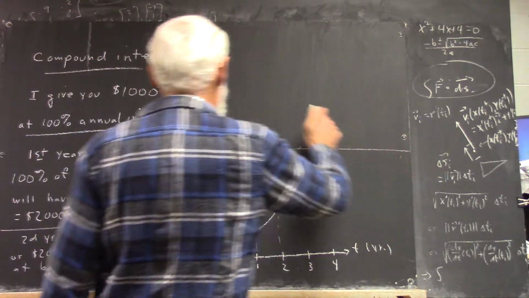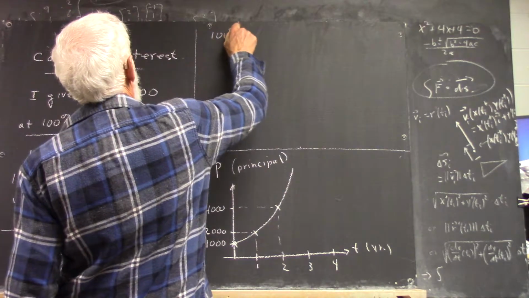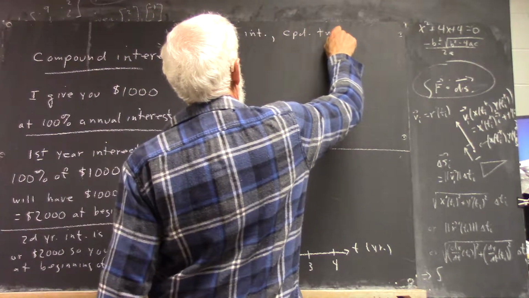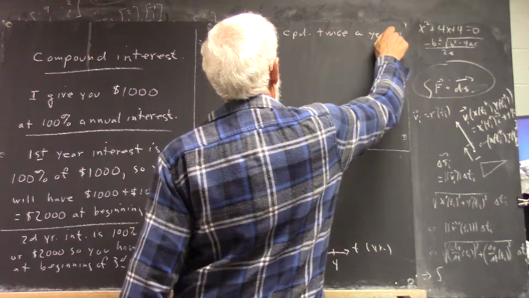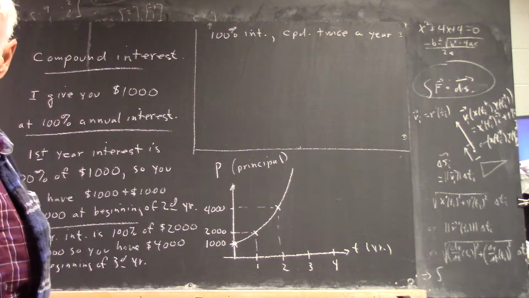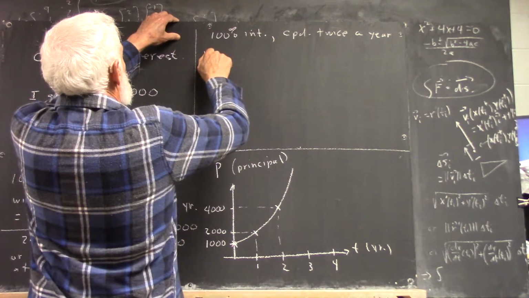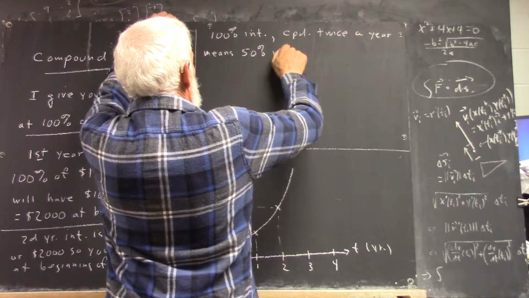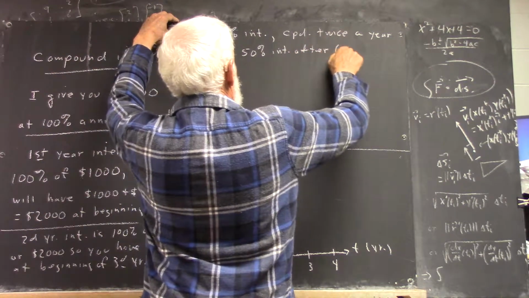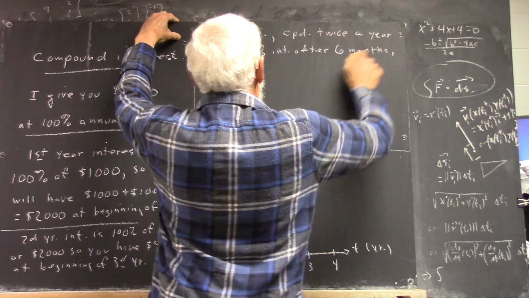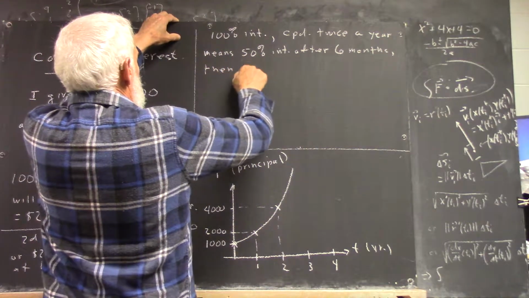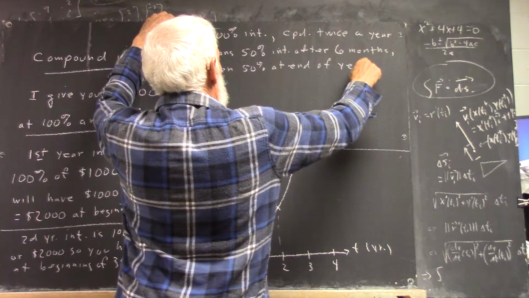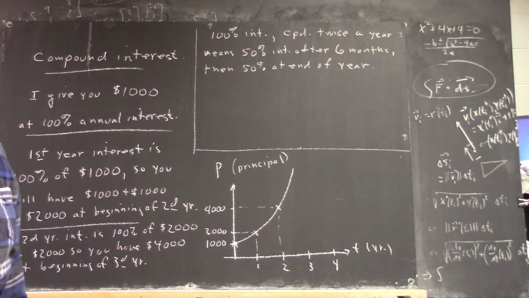Okay, now. 100% interest compounded twice a year means 50% after 6 months, and then another 50% at the end of the year.